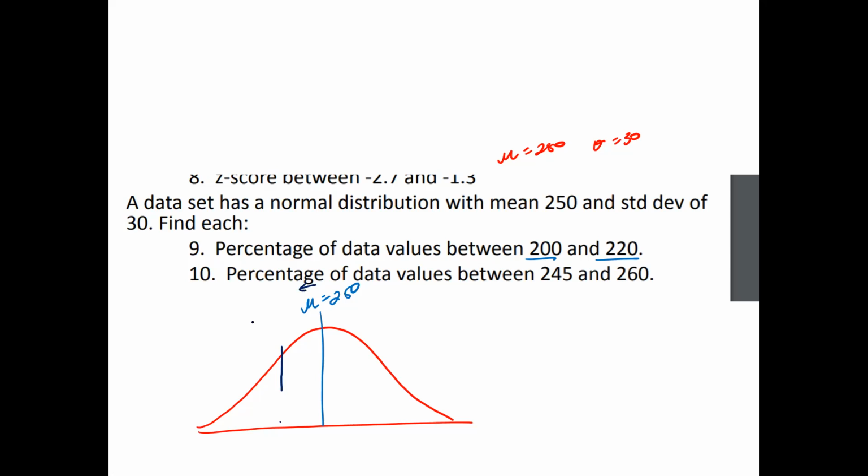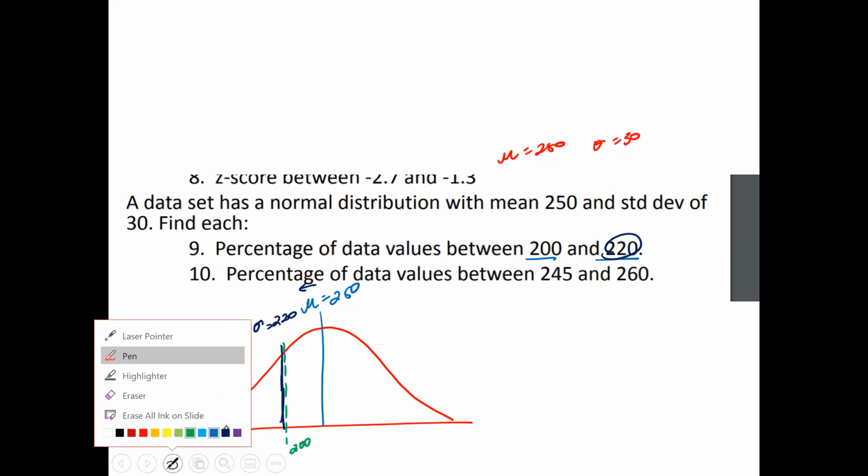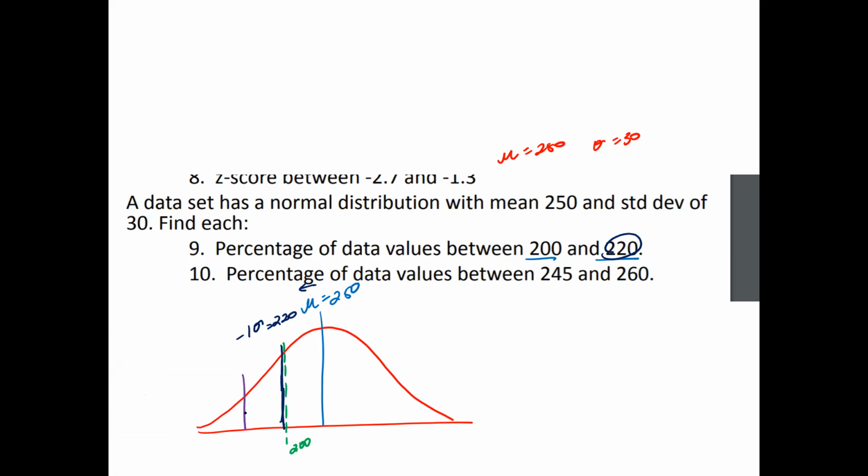So let's find the first -1 standard deviation, which is going to be 250 minus 30. So that's going to be 220. Well, there's your 220 right there. So your first part is going to be right here at 220, okay? And then you want to look at the -2 standard deviation, which is 220 minus 30.